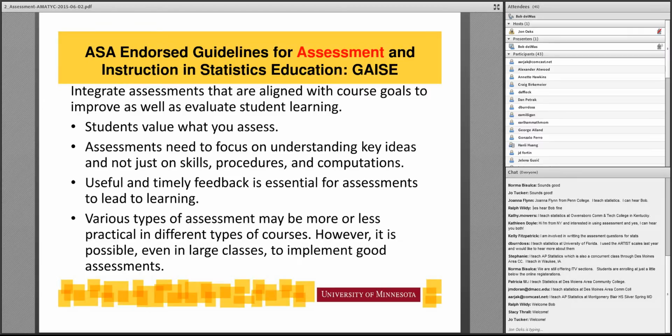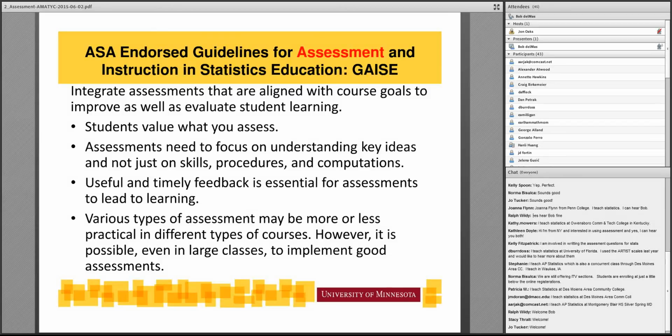The assessment needs to focus on understanding key ideas, so not just skills, procedures, and computations, but conceptual understanding of statistics. Learning is driven by timely and useful feedback, and the recommendation is that you use a variety of types of assessments. And even if you're teaching large classes, there are ways to implement good assessment practices.